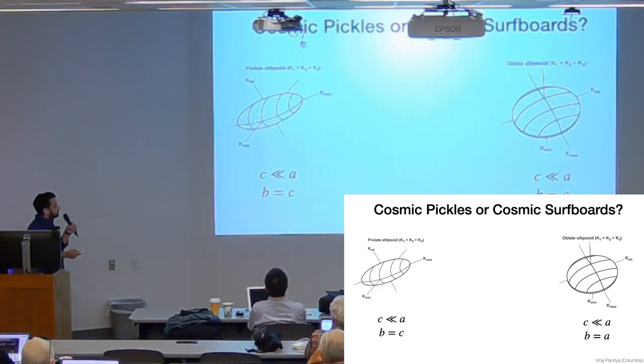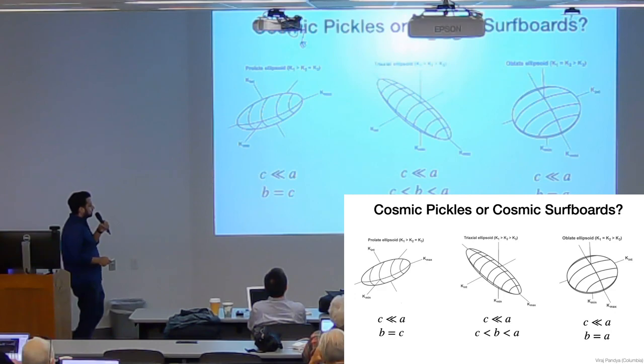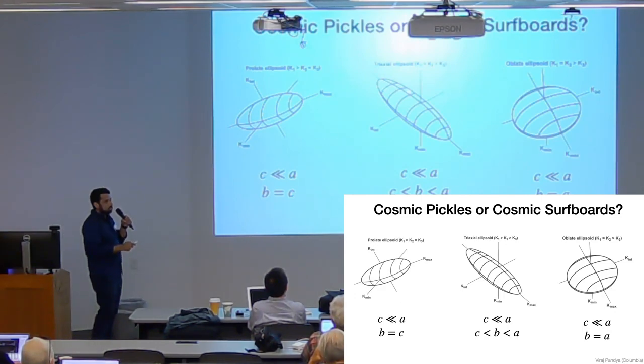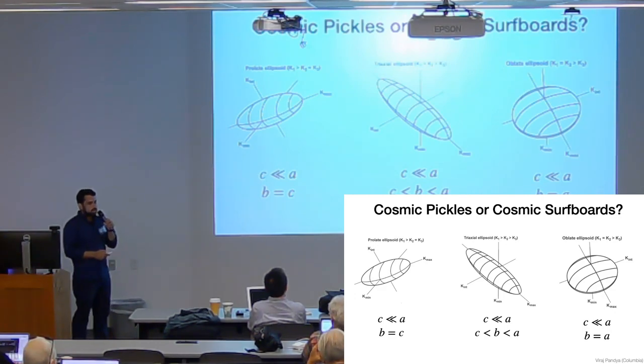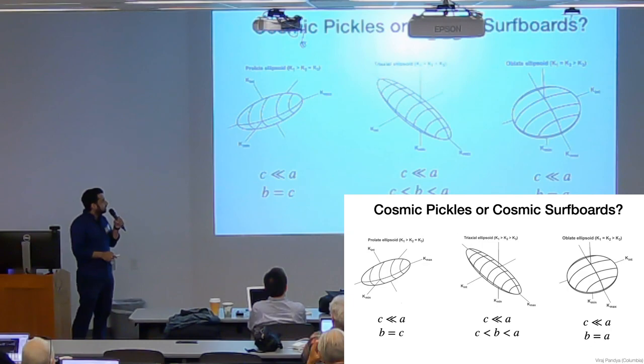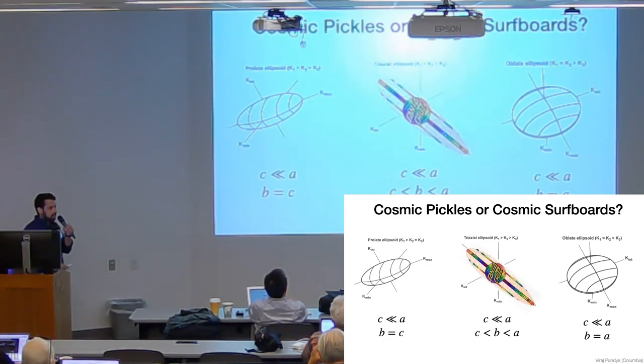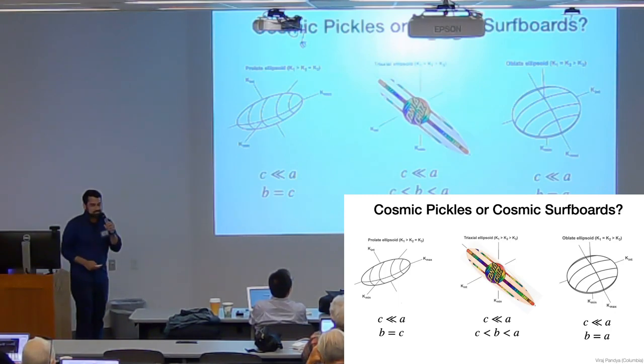There is another possibility here, where you can have a very flattened structure, but it would be an unusually oval disk, where the intermediate axis B is not equal to either C or A, but somewhere in between. And this reminds us of a surfboard, so I've gone ahead and plotted my favorite Santa Cruz surfboard, because we're in Santa Cruz.